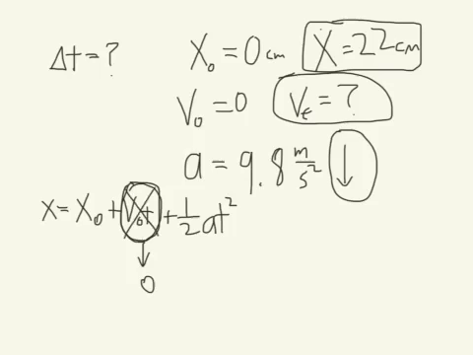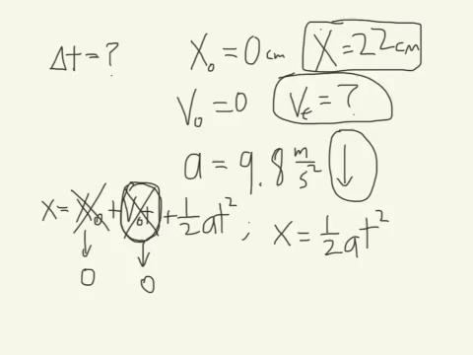We also defined our initial point as being at position 0 on our coordinate system, so we can eliminate that too. That leaves us with a much simpler equation that you often see. You can write it this way if your initial position is 0 and your initial velocity is 0.